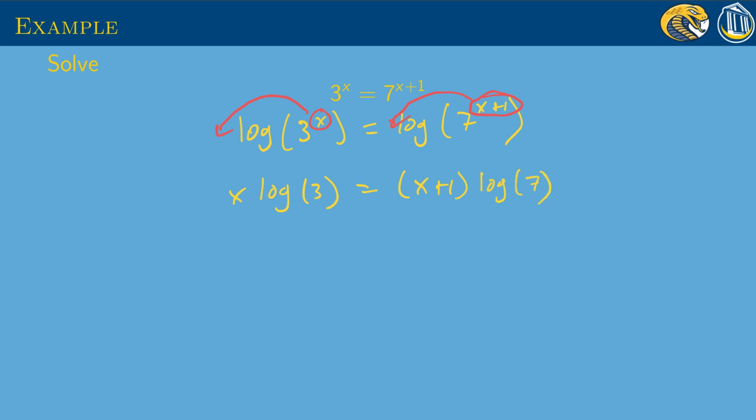And remember, these are just numbers. If we expand this a little bit, x log 3 equals x log 7 plus 1 times log 7.